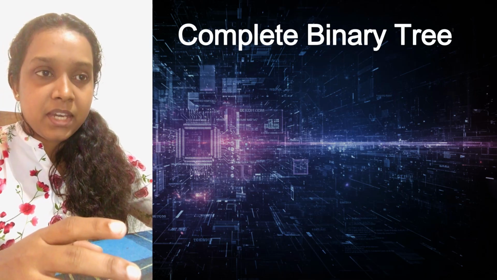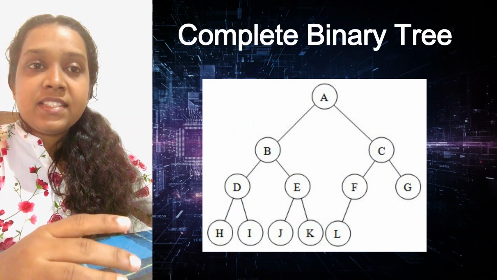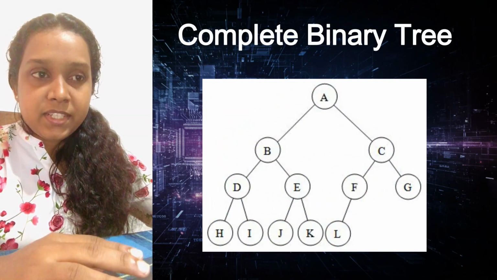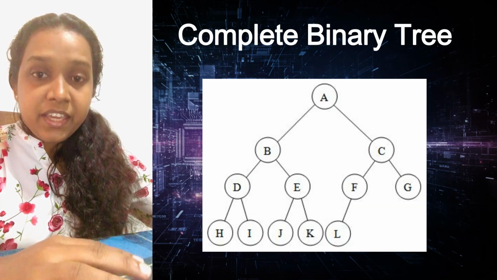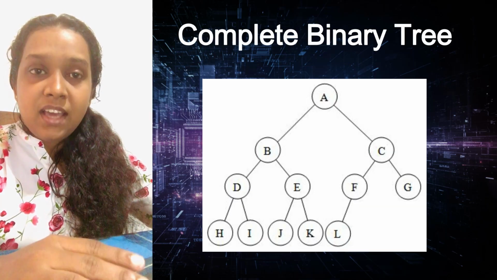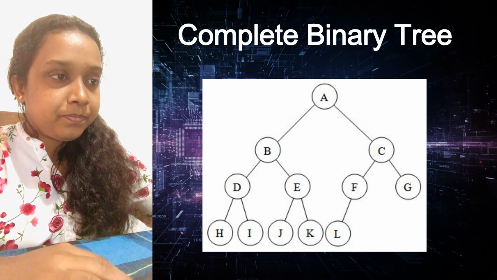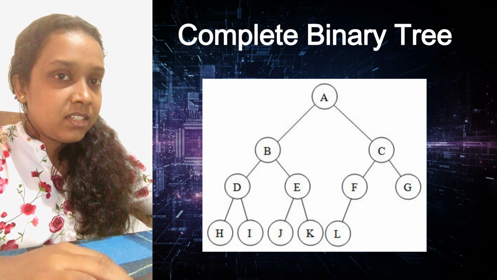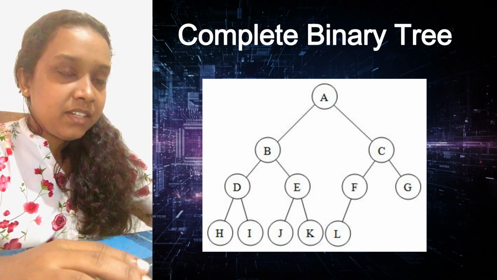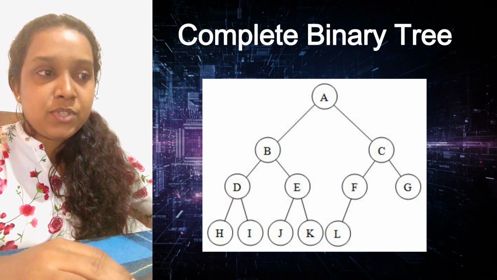What is a complete binary tree? A complete binary tree is a binary tree that satisfies the following two properties. First one is, in a complete binary tree, every level except possibly the last is completely filled. Look at the picture here. In this picture, every level except this last level is completely filled with nodes, and all nodes appear as far left as possible.